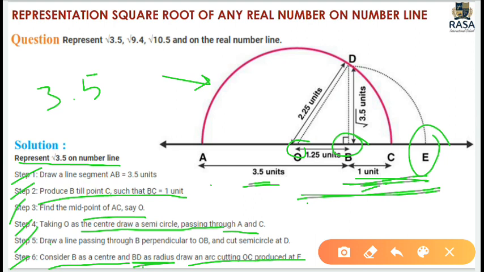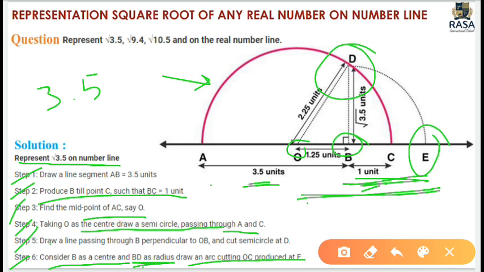Okay, and that perpendicular line which has been drawn at point B and perpendicular to OB will cut the semicircle at D point. वो जो परपेंडिकुलर लाइन B पॉइंट से पास होगी वो सेमी सर्कल को D पॉइंट पे कट करेगी. Then that BD is your root 3.5 units.